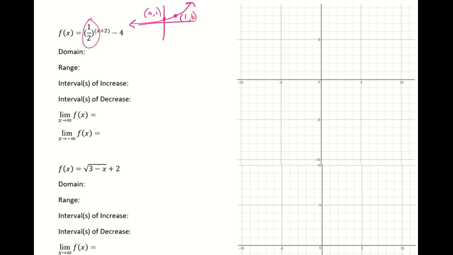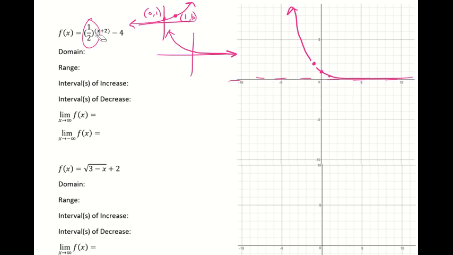But since this base is 1/2, if the base is between 0 and 1, instead it's going to be a constantly decreasing function. We should still hit the points, let's just graph the (1/2)^x. We'll hit 0, 1, and then we'll hit 1, 1/2. We hit -1, 2, and we get kind of an idea of what's going on.